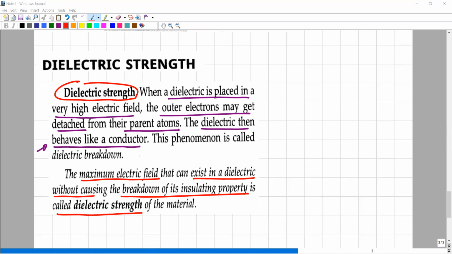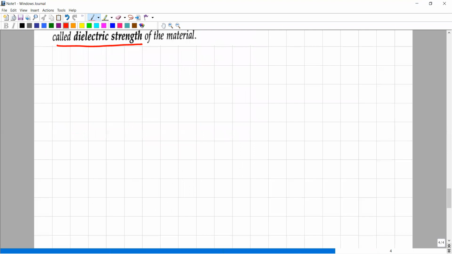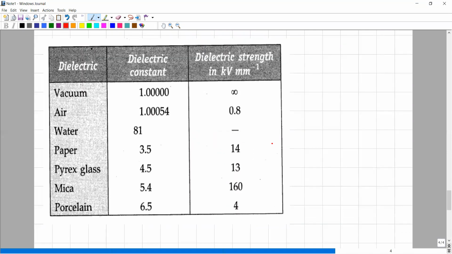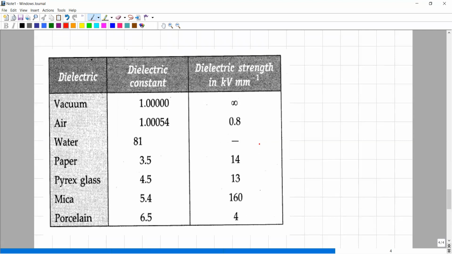So every material, that is every dielectric, has a certain dielectric strength. Dielectric strength means the maximum value of electric field that it can tolerate, and beyond that the breakdown is going to happen, and then that dielectric will start becoming like a conductor.